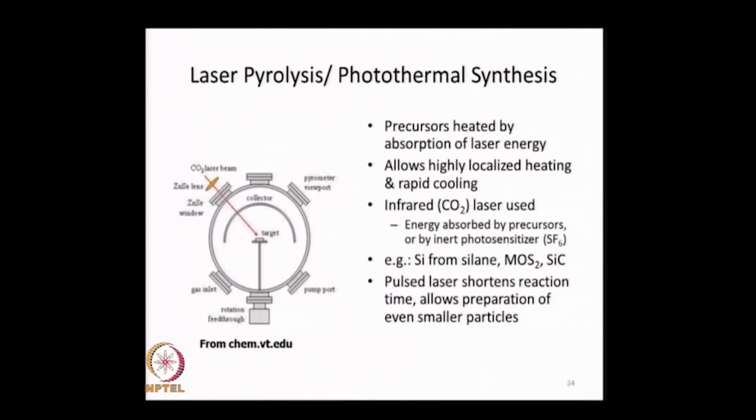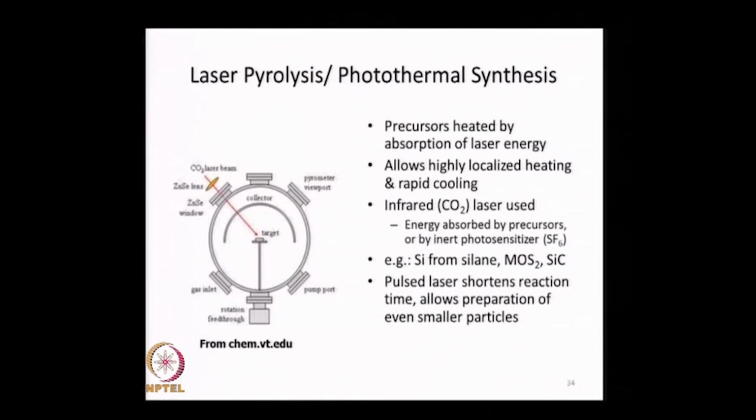A related technique is laser pyrolysis or photothermal synthesis. Here the precursors are heated by absorption of laser energy, and this technique allows highly localized heating and rapid cooling. So, quenching becomes easy when you are using this technique. You do not have to allow growth to occur beyond a point where you want to stop it. An infrared CO2 laser can be used, which reduces the expense of the operation.